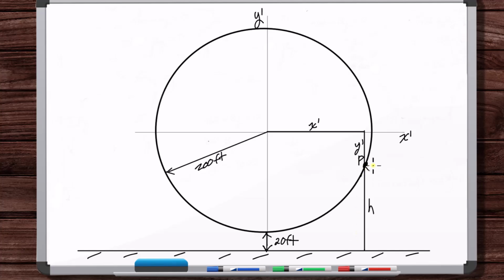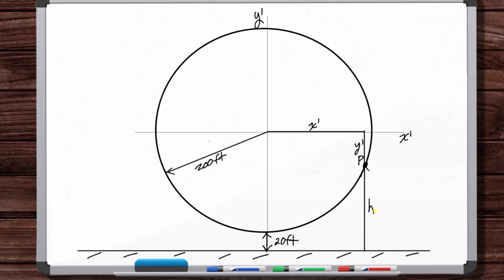Okay, but the only data we have is the size of the circle and the P number. That's the only information we have, and we're going to use the circular functions to put it through a formula and get an H value out.